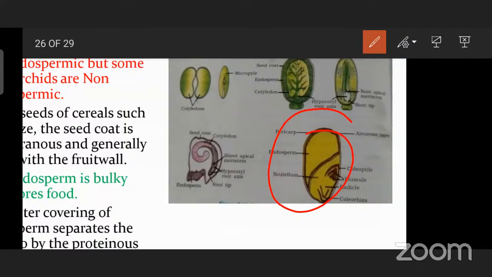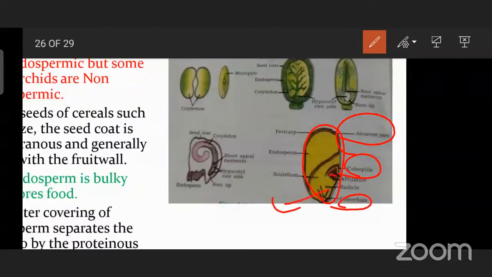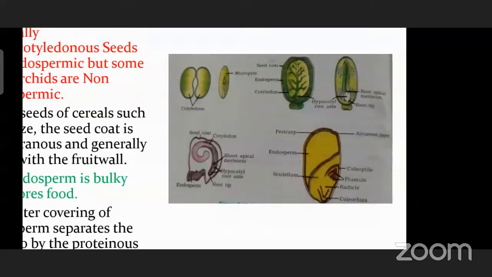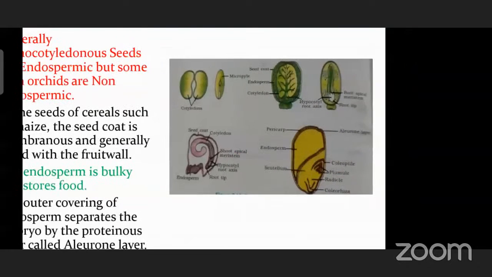See here, the outer covering of the endosperm separates the embryo by the proteinaceous layer called the aleurone layer. This is the coleoptile and coleorhiza. This is the radicle. This is the plumule. Okay students, this is the monocotyledon seed.